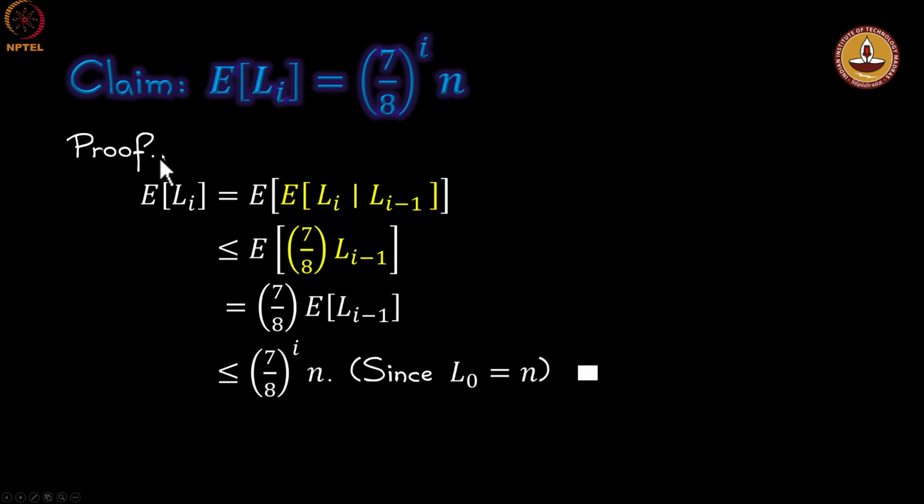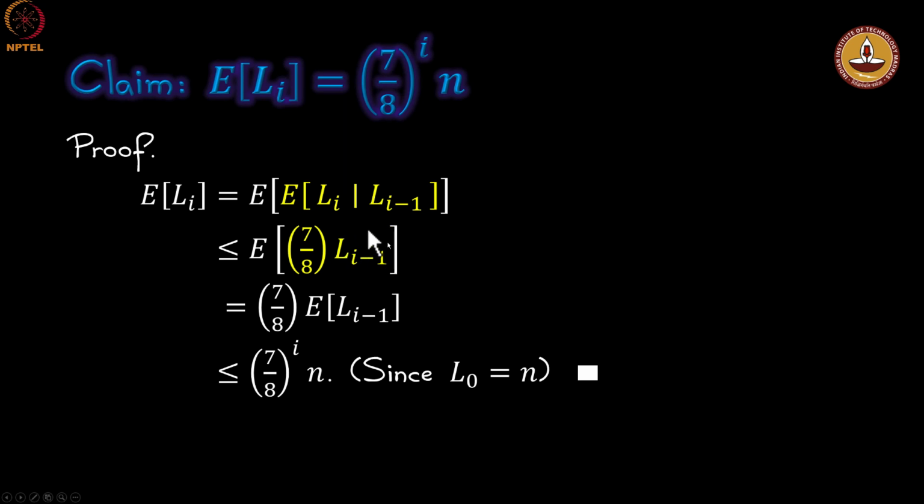And we know that the expectation of this Li is nothing but the expectation of the expectation of Li conditioned on Li minus 1. Keep in mind that we already have a handle on this conditional expectation inside, and that's going to be 7/8 times Li minus 1.